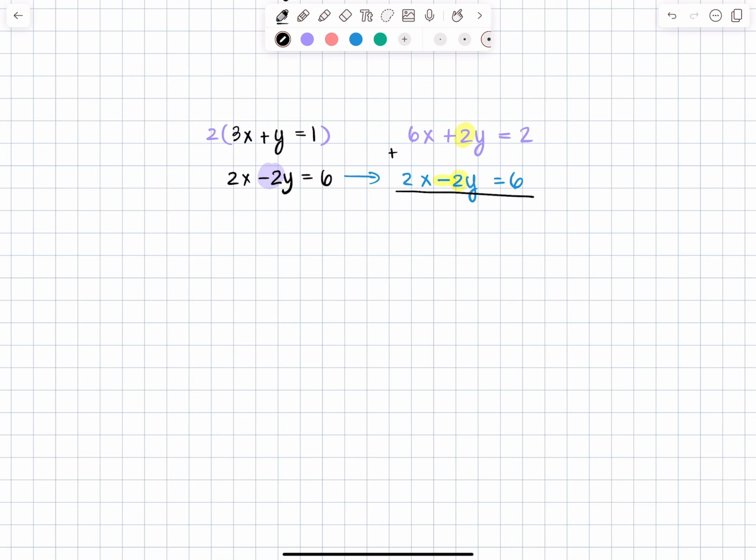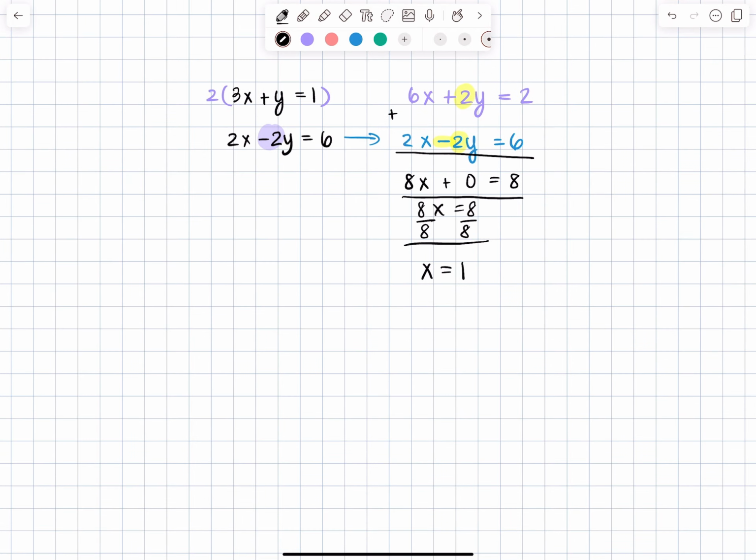So when we add, we're going to get 6 plus 2 is 8, 8x. 2 minus 2 is 0y, which is just 0, equals 2 plus 6, which is 8. So we can write it as 8x equals 8, and then divide 8 on both sides, and finally x equals 1.